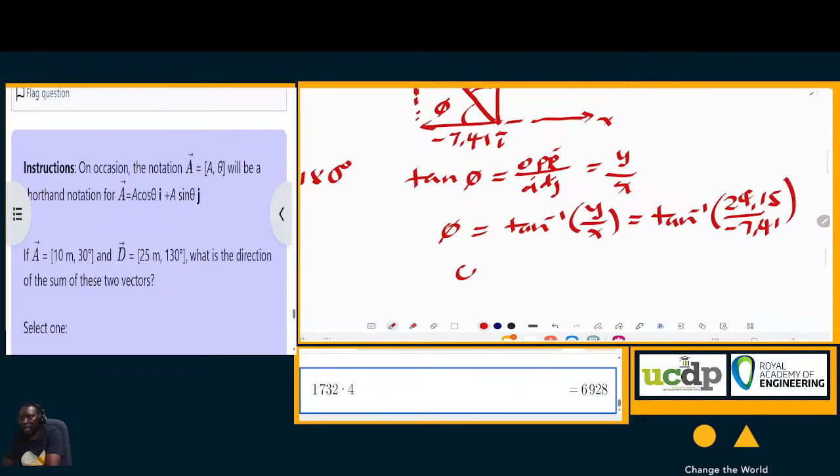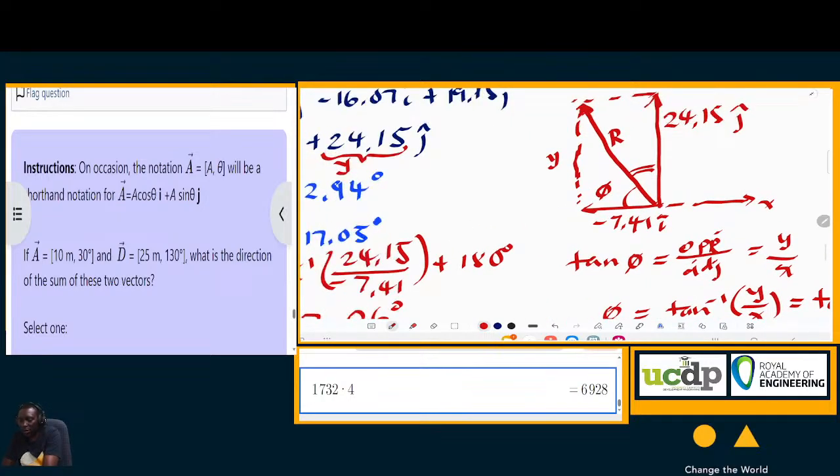If you work that one out, you find your phi is equal to negative 72.95 degrees. So it means this phi is 72.95 in magnitude.